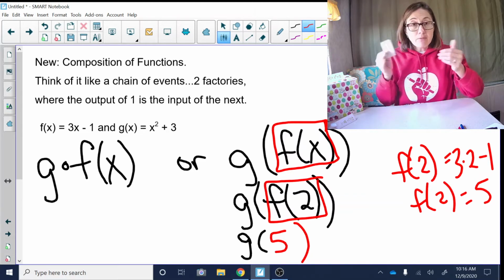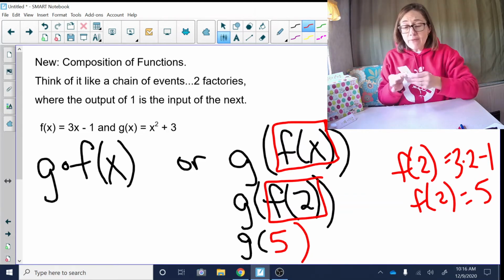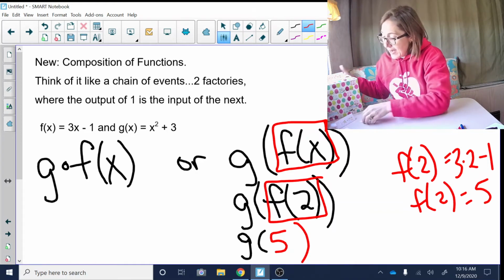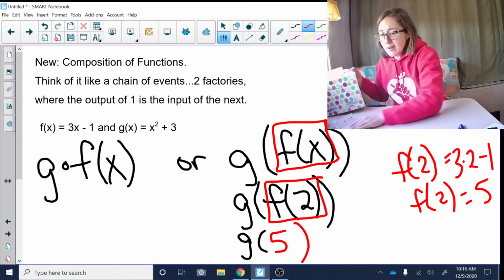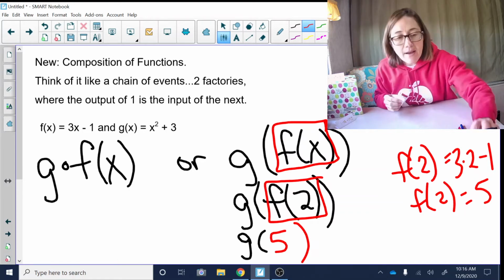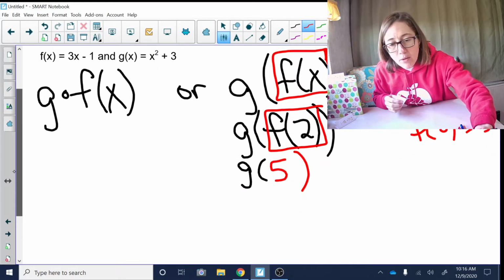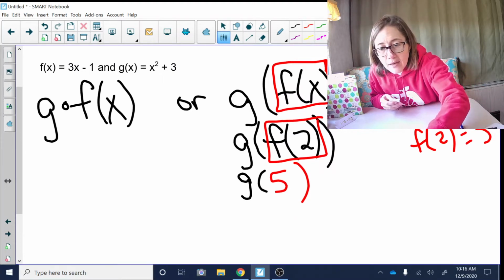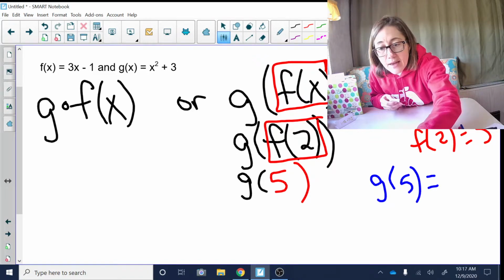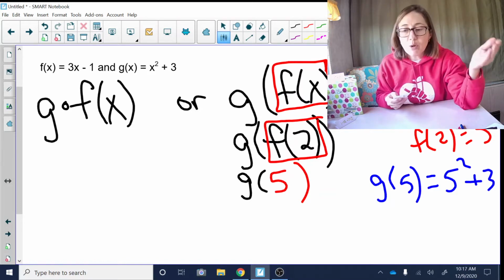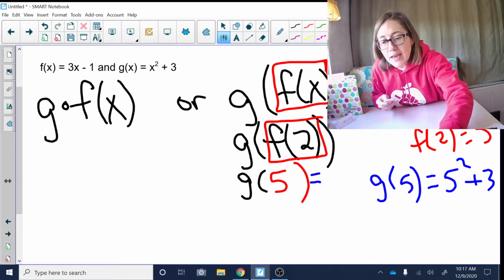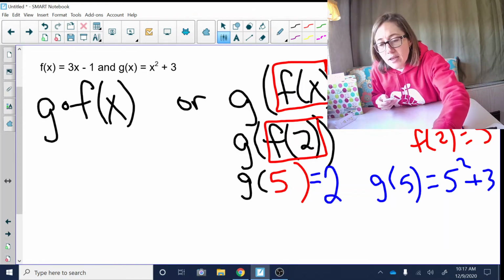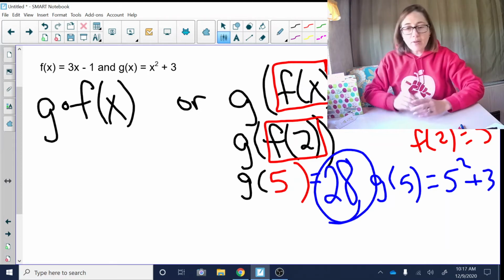So now I need to find out what I get when I plug the 5 in. So if I'm going to find g of 5, let's do this off to the side. G of 5 means that I'm going to take 5 and square it and add 3. And if you remember, 5 squared is 25, add 3 to that, and we got 28. So our final answer here is 28 when we put those together.